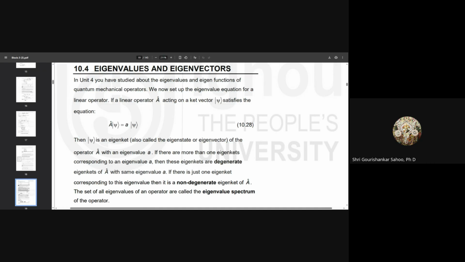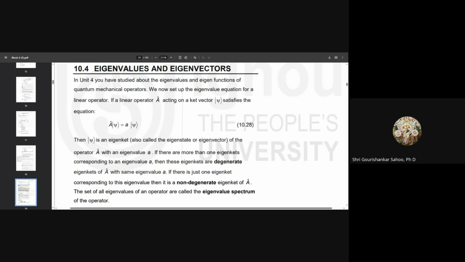So here the difference is that in the Schrodinger formalism psi is a function, a complex representation, and the operator is in a differential notation, whereas here psi is in a matrix representation, and when A cap is operated in that Dirac formalism, you will have A multiplied by psi, an eigenket.